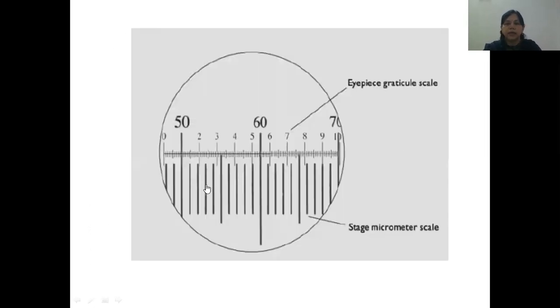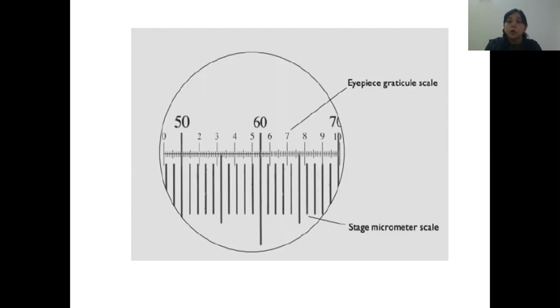Here you can see the ocular micrometer, the smaller one, and the larger, darker lines are the stage micrometer. Now you rotate it until any one line of the ocular comes exactly on top of a stage micrometer line.